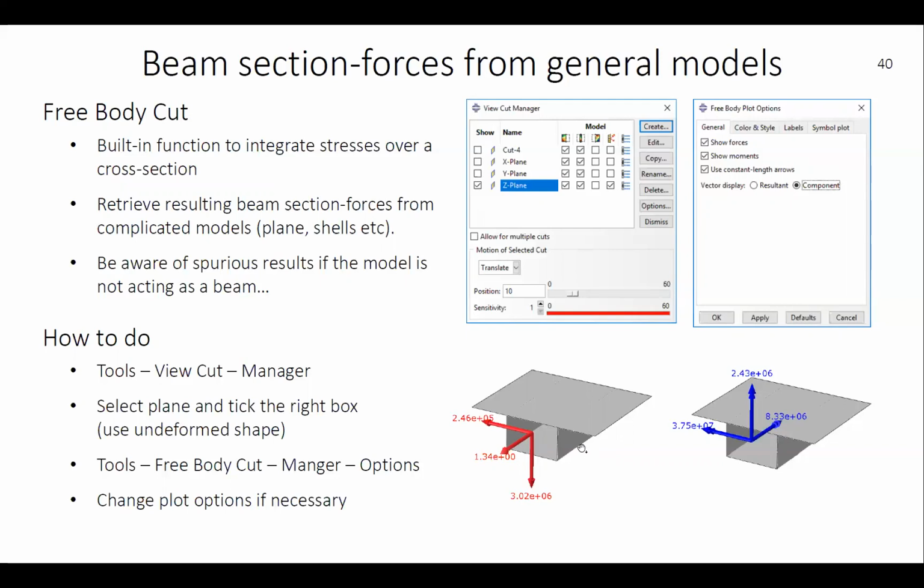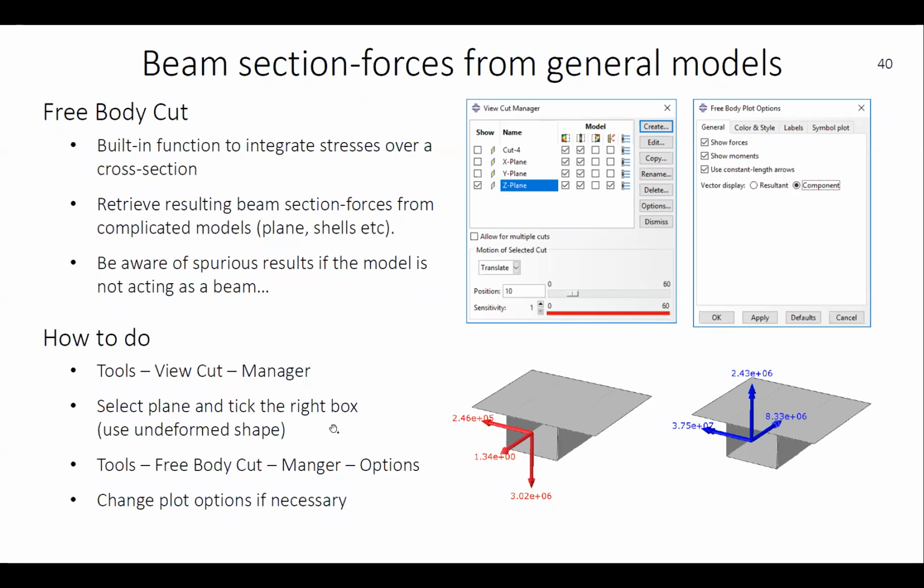Also, what is important to know is that you should extract the results based on the undeformed shape, which is noted here, because if you do it from the deformed shape, there might be some error in Abaqus, because for some reason it integrates the stresses based on the deformed shape, which seems to be the deformed shape illustrated in the visualization module.